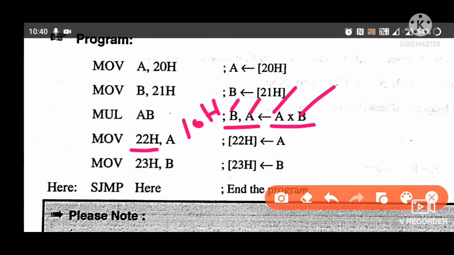Then the upper byte value 00h is transferred into the 23h memory location.